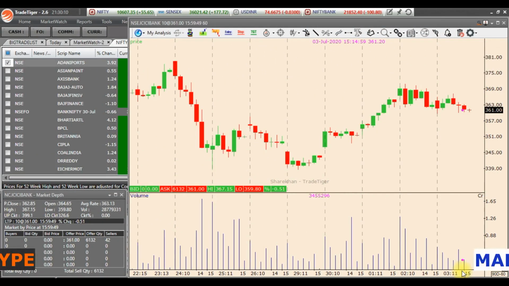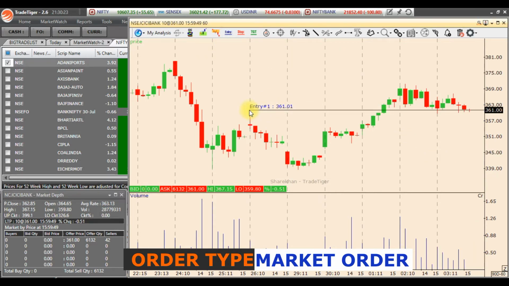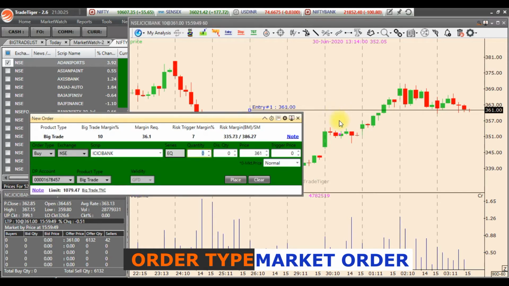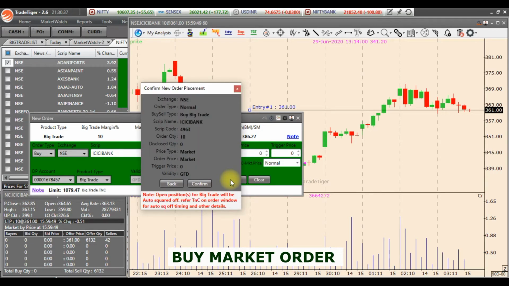Next, let me show you the market order. If you want to execute the order immediately at market price, this order can be used. All you need to do is click the entry line, keep it near market price, and click it. If you want to buy at market price, you just make the price 0, enter the quantities, and place the order.